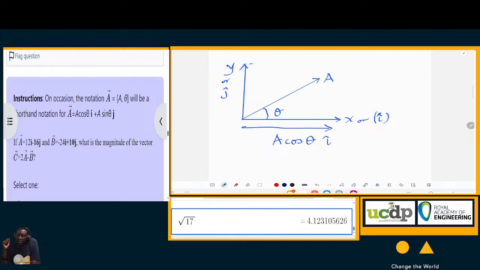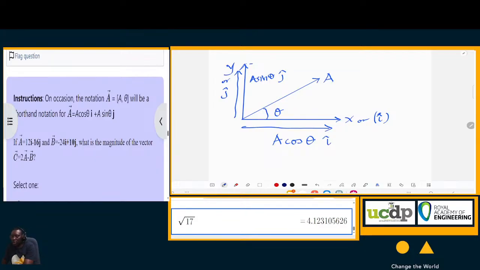The i gives us the unit vector, meaning its magnitude is 1. It just shows that it's along the x. Whereas the component in the vertical will be A sine theta, and the direction is j, a unit vector like that.